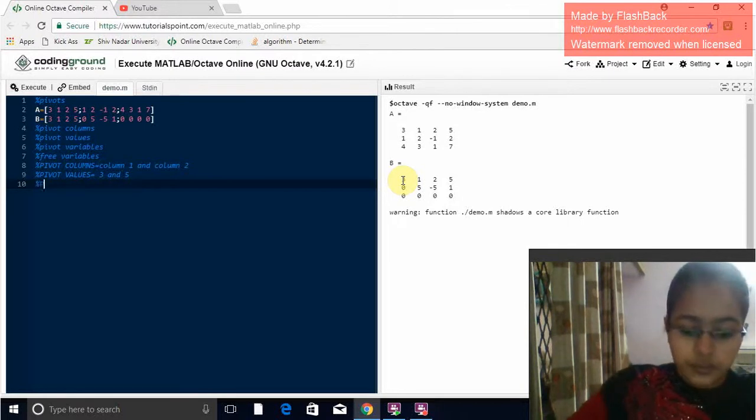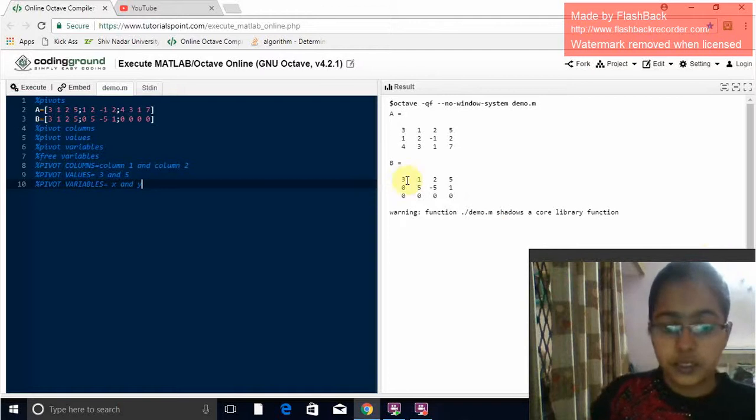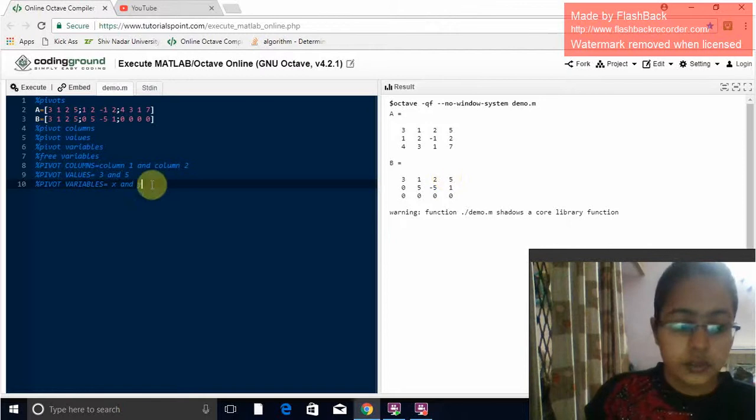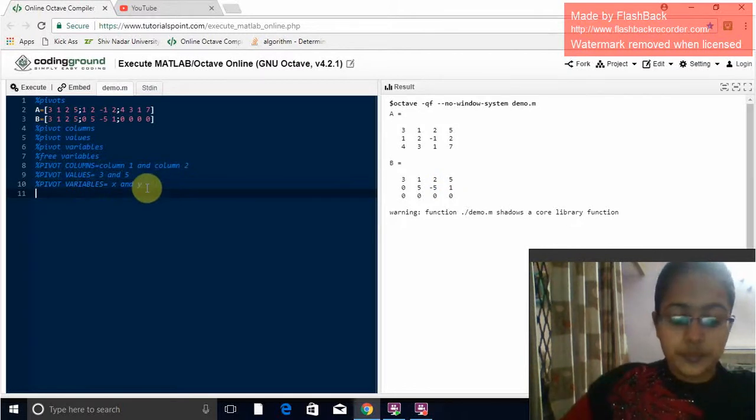Since we have denoted the first column as X, second as Y, third as Z, and last as P, our pivot variables are X and Y.